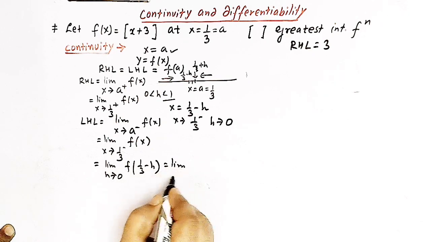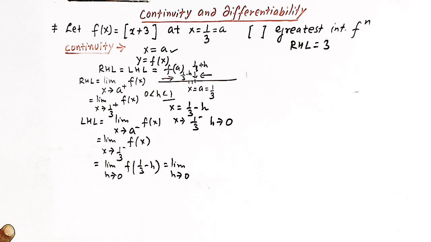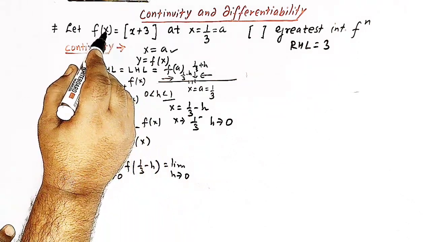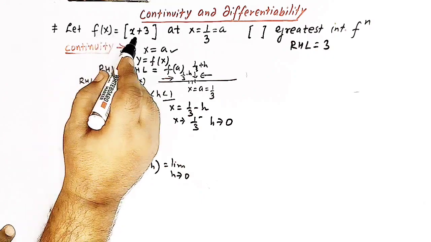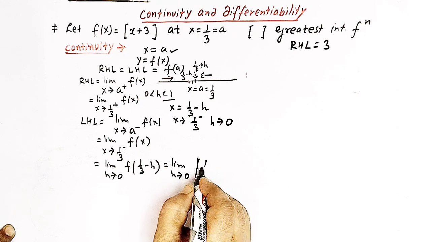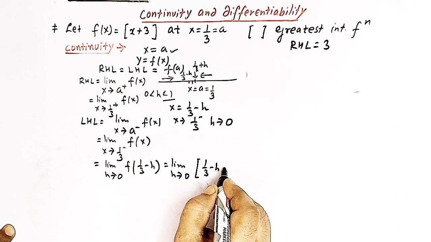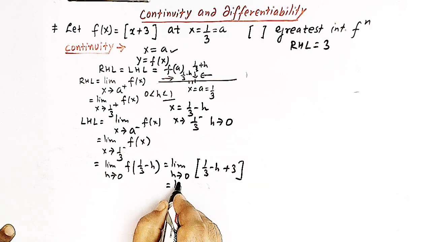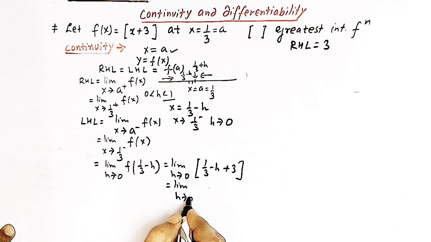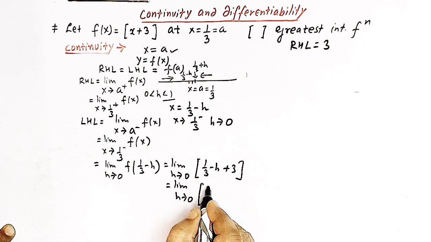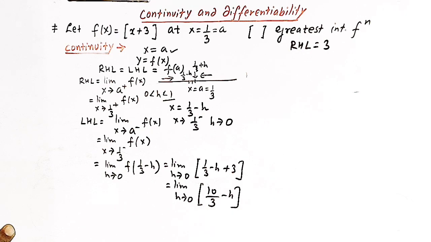So now we can write limit h tends to 0. f of 1 over 3 minus h can be obtained by replacing x by 1 over 3 minus h. So we have 1 over 3 minus h plus 3, and now we have limit h tends to 0, and 1 over 3 plus 3 is 10 over 3, minus h, right?